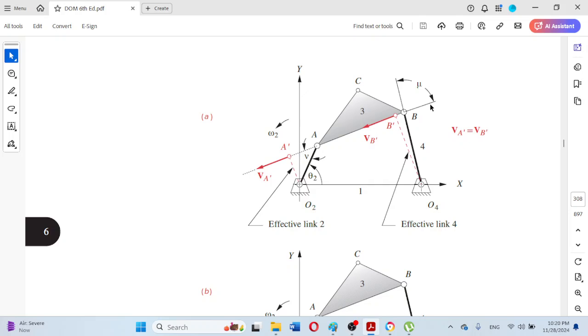The angle between this physical rocker link and the physical coupler link will also be equal to mu, because these two angles are vertical angles and they must be equal.